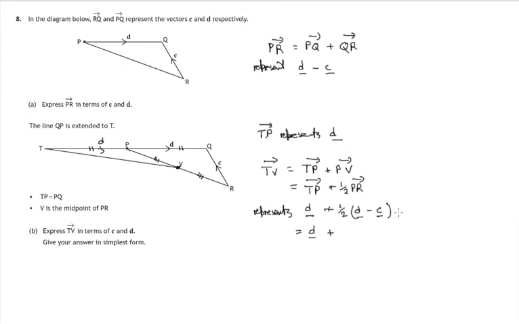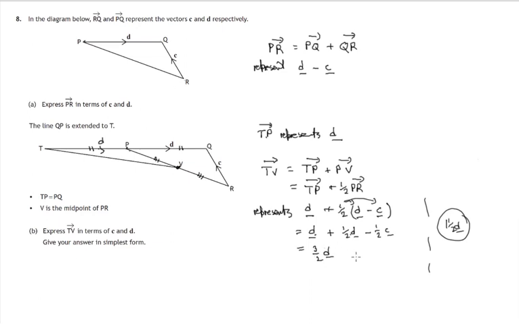And these vectors, they behave like normal algebra. We can get rid of brackets here. A half of D minus a half of C. And 1D plus another half D would be 1.5 D, which we write as 3/2 of D. You wouldn't write that as 1.5 D. That's considered bad manners.